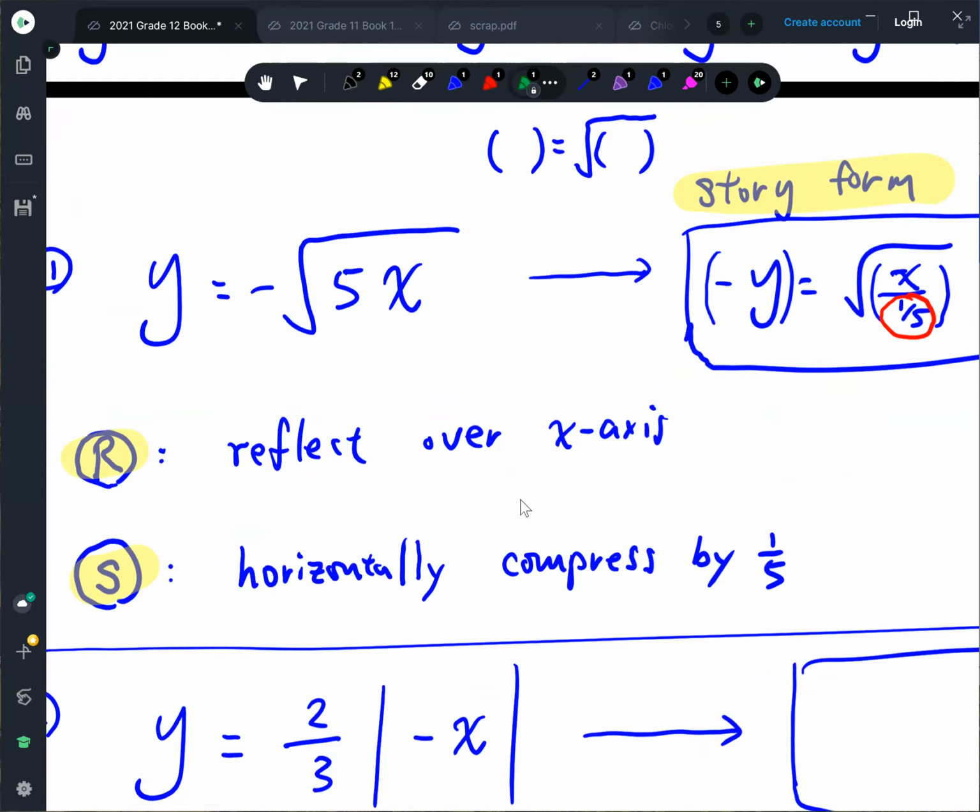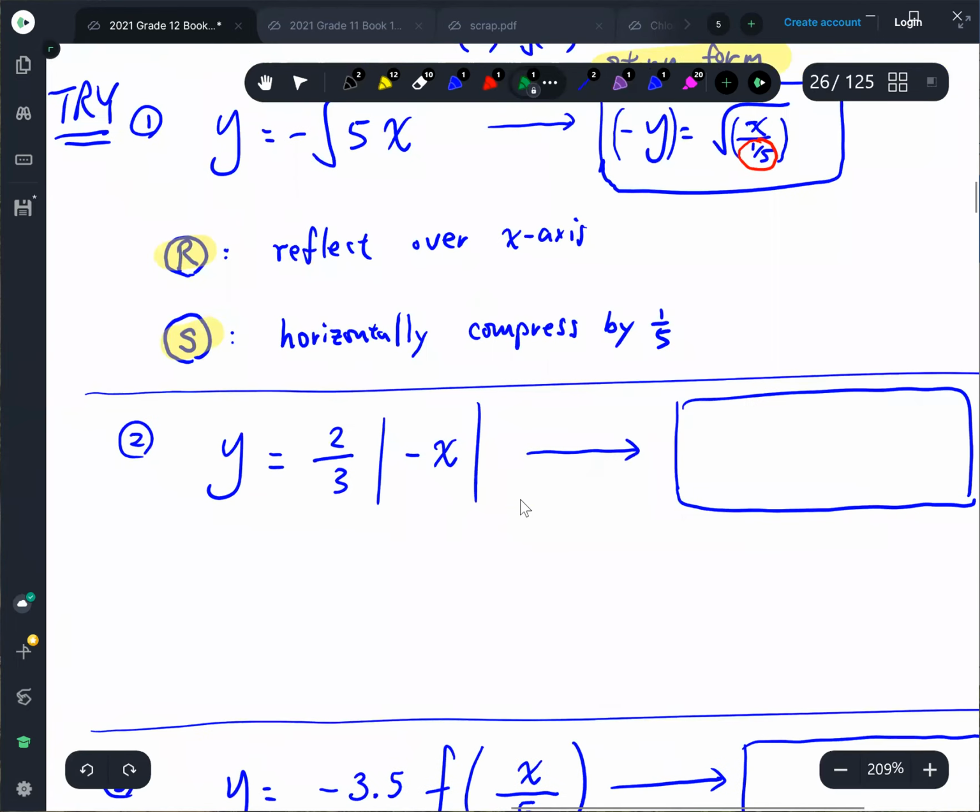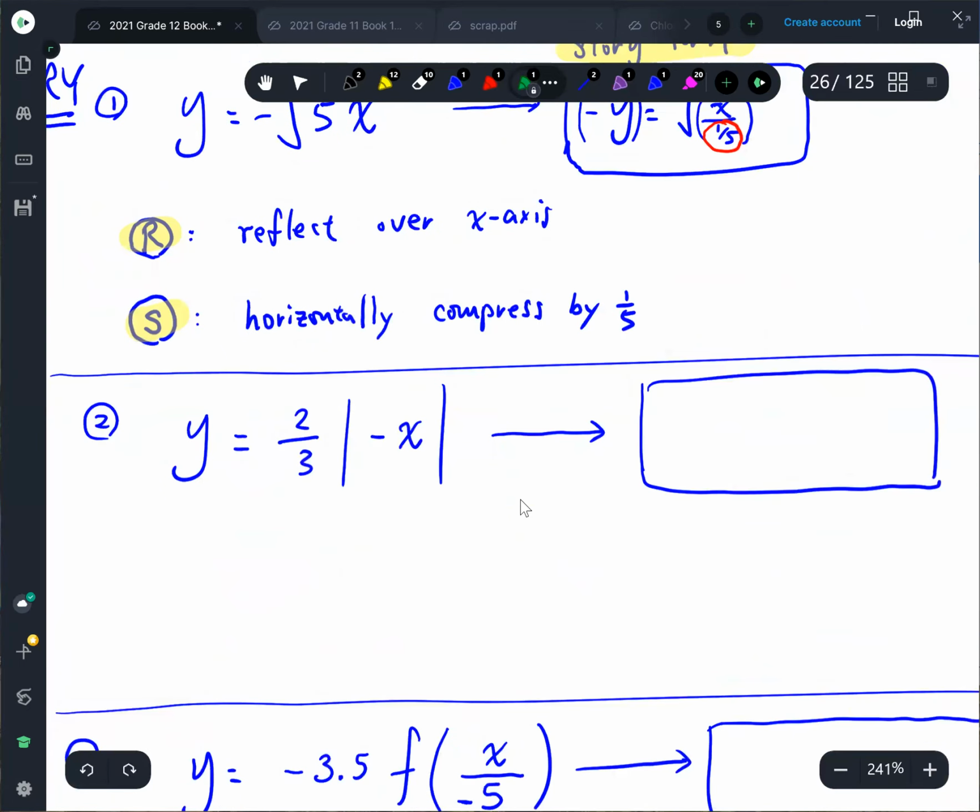Okay, so let's try the second one. Please turn this into story form first. Okay, and then write down the R and the S. Once you've done that, finish the whole question 2, you can raise your hand and then we'll check number 2 again.